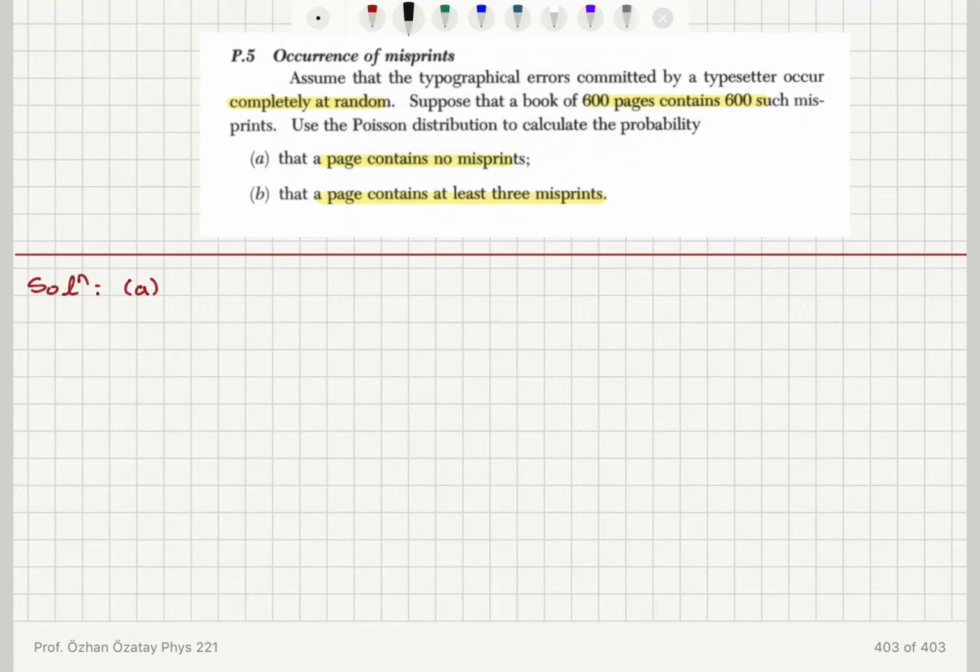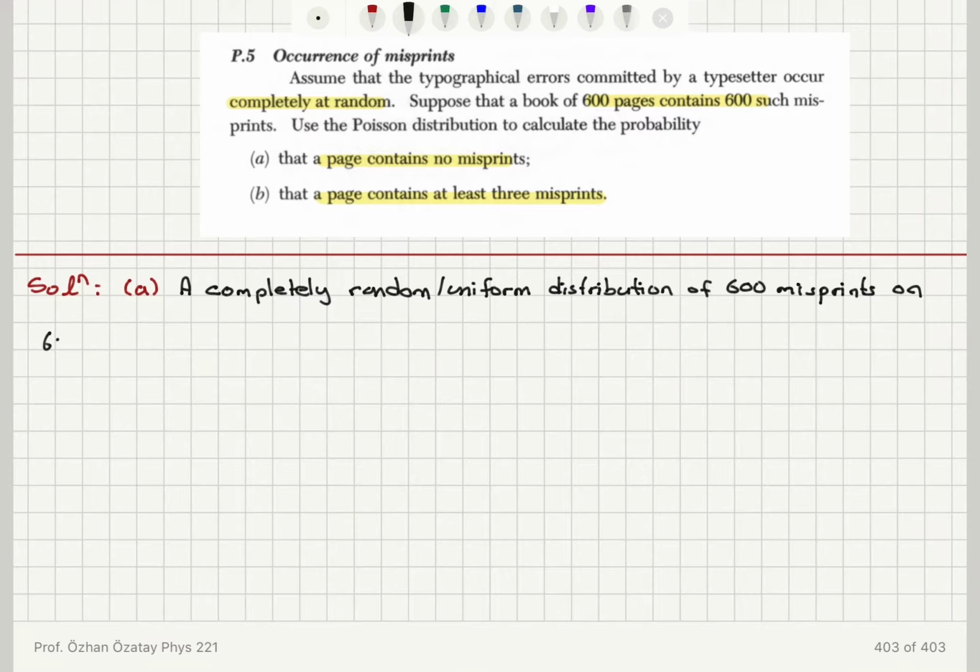A completely random, in other words, uniform distribution of 600 misprints on 600 pages would imply an average of 1 misprint per page.